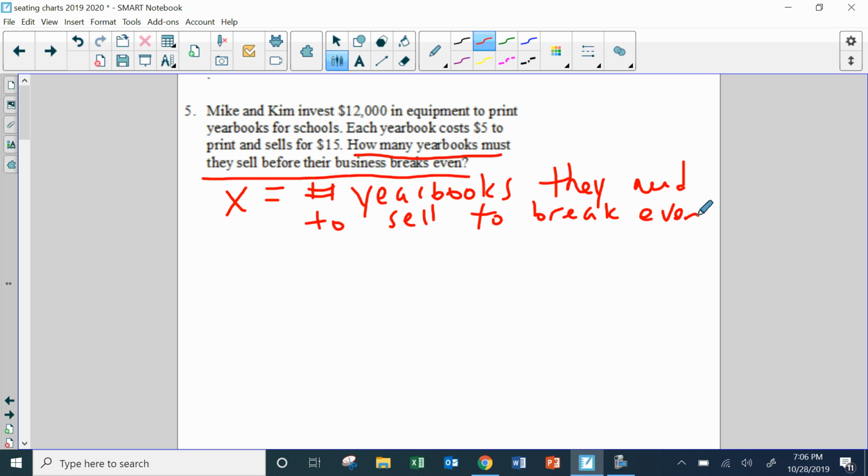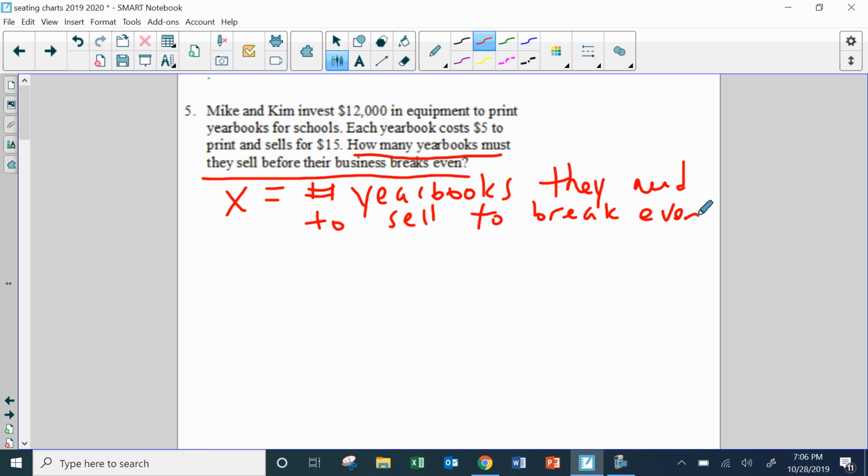To break even just means how many yearbooks do they need to sell to where they no longer are minus money. Like right now, they're minus $12,000 before they sell anything because they've already paid $12,000. We want to know how many do they have to sell to get to a point where they're not negative, but they're also not positive. So basically, they've eaten away at that $12,000.